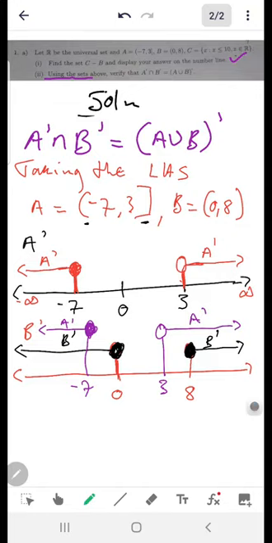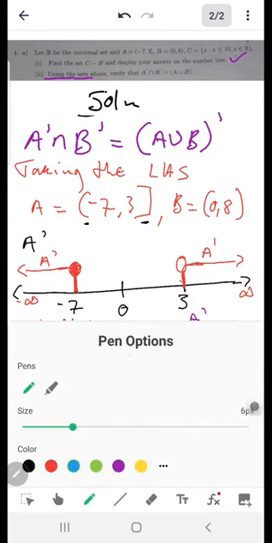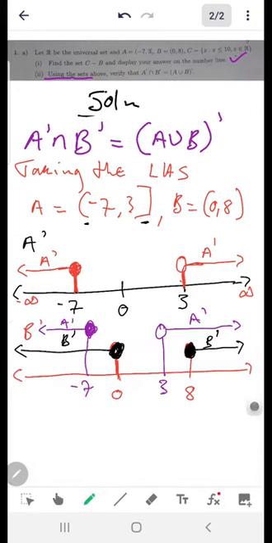Now where are these two intersecting? You find that this side they are intersecting there, and this side they are intersecting there. So that means A intersection B complement.